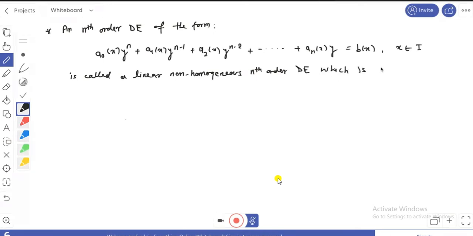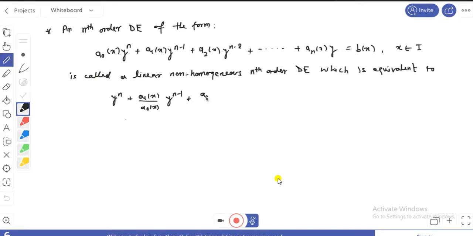And that is equivalent to, if we rewrite this, y^(n) plus a1(x) over a0(x), this is the standard form where the leading coefficient becomes 1.